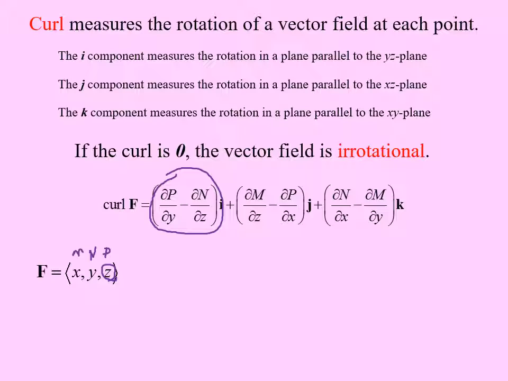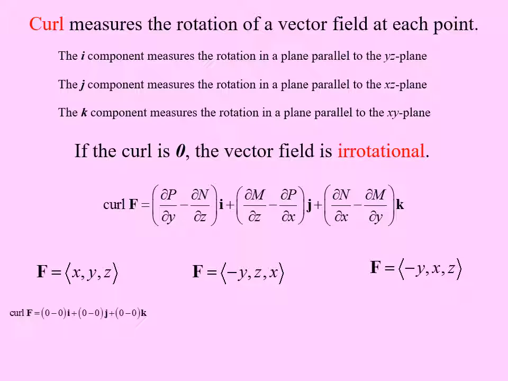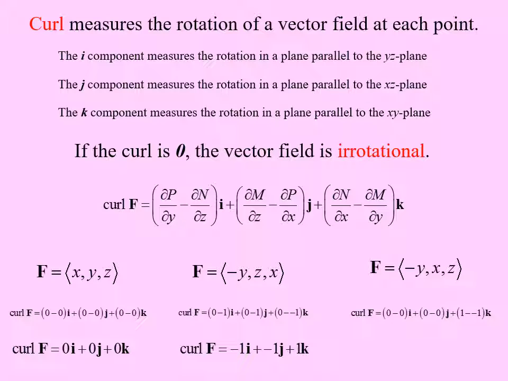The derivative of N, that's this, with respect to Z, is also 0. So we come up with a curl of 0, 0, 0, or the 0 vector. The second one, the curl comes out to be -1, -1, and 1. The third one, 0, 0, and 2.